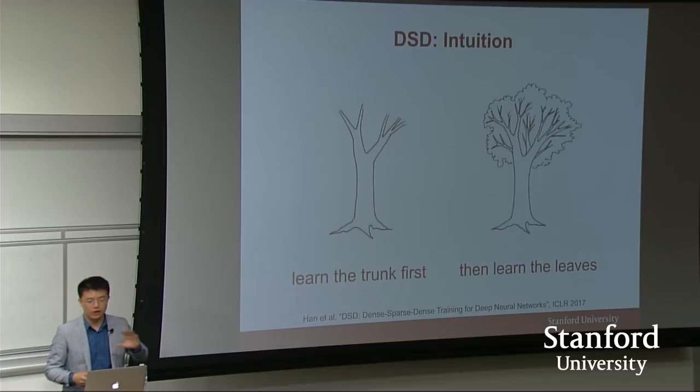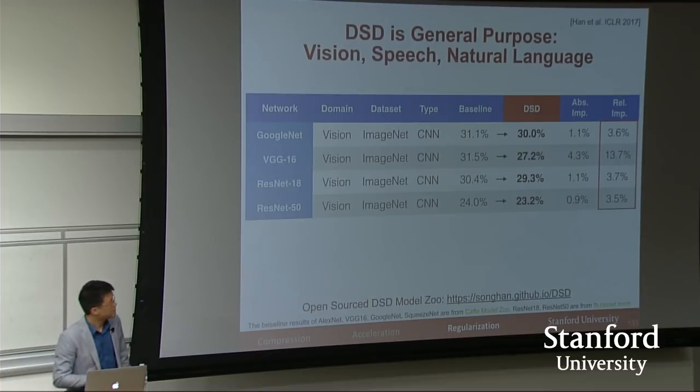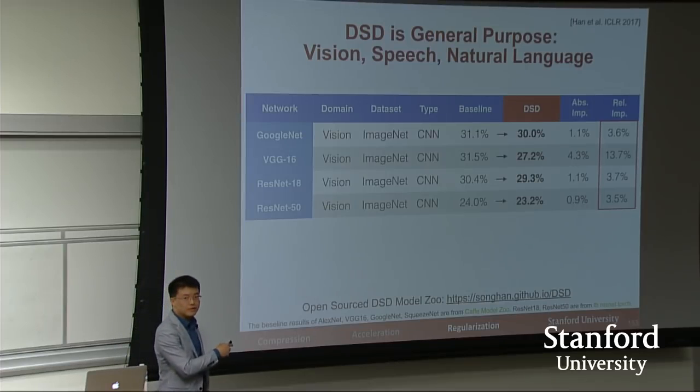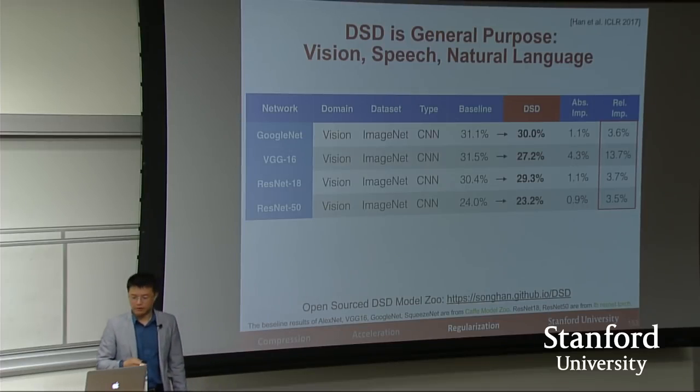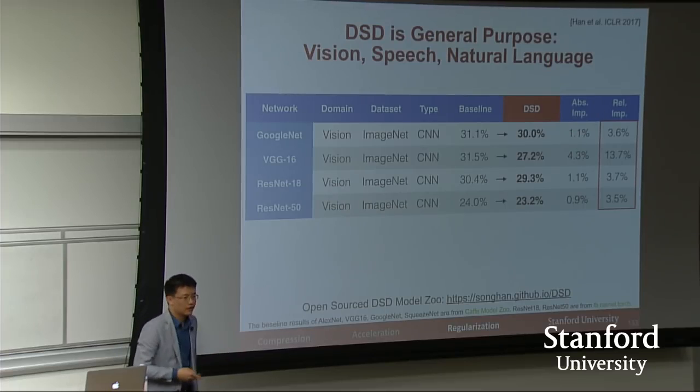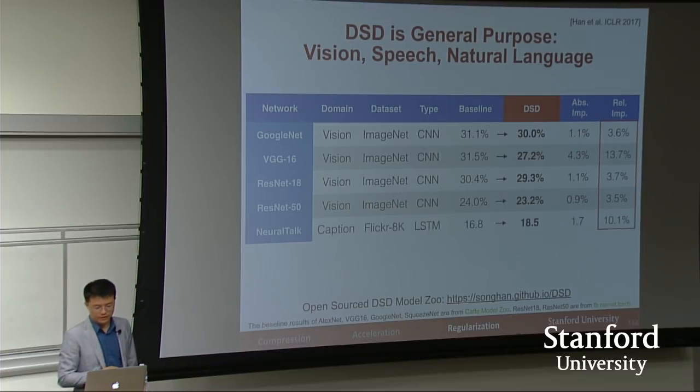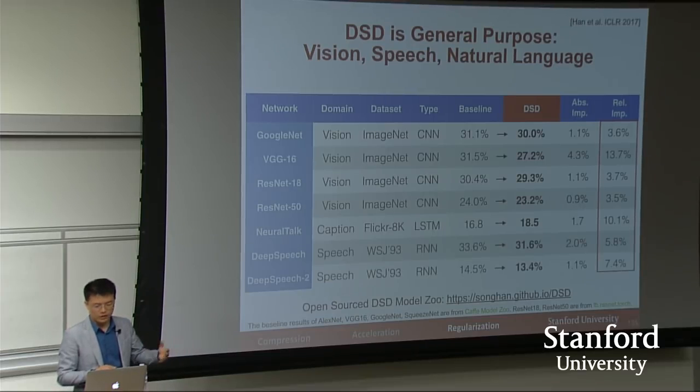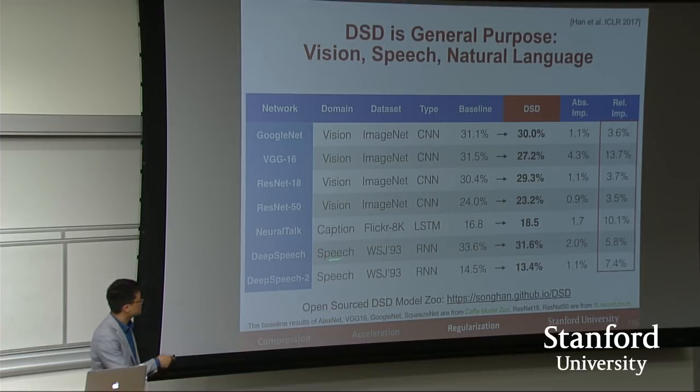It's like you learn the trunk first and then gradually add those leaves and learn everything together. It turns out on the ImageNet dataset, it gives about a 1% to 4% absolute improvement in accuracy. It's also general purpose, working on long short-term memory and recurrent neural nets, collaborating with Baidu.